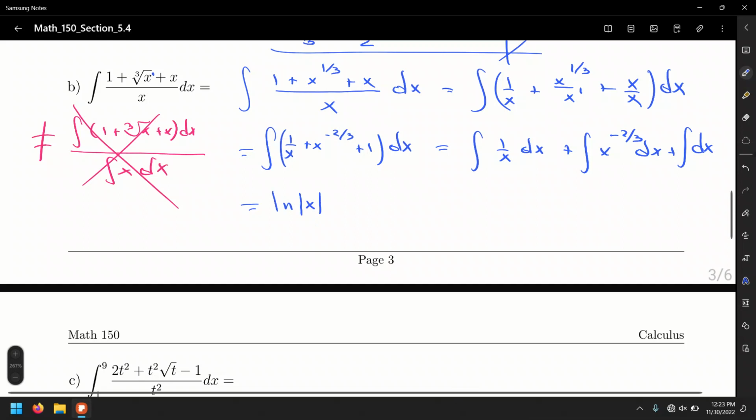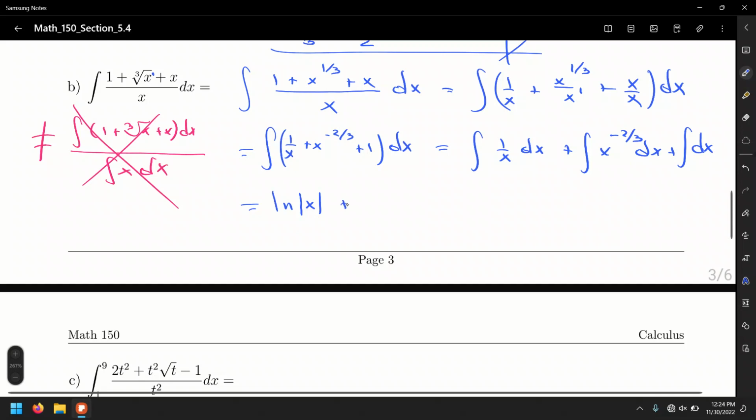Recall that in this case we need to make sure that when we integrate the function 1 over x, whose domain is the set of all real numbers except 0, the domain of its integral, which is ln, well, that's essentially only positive numbers, but in order to keep the domain from the function that it's coming from, we need to put those absolute value bars to make sure that we include those negatives as well.